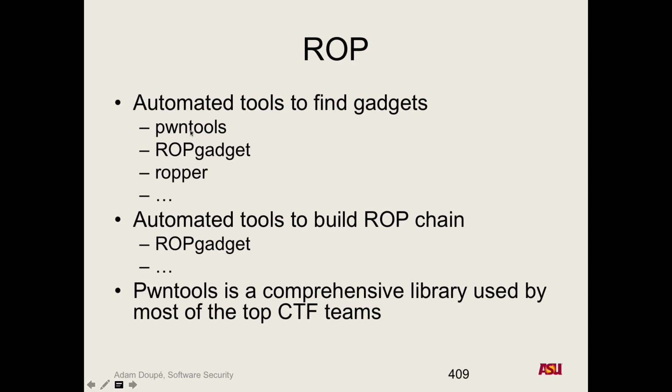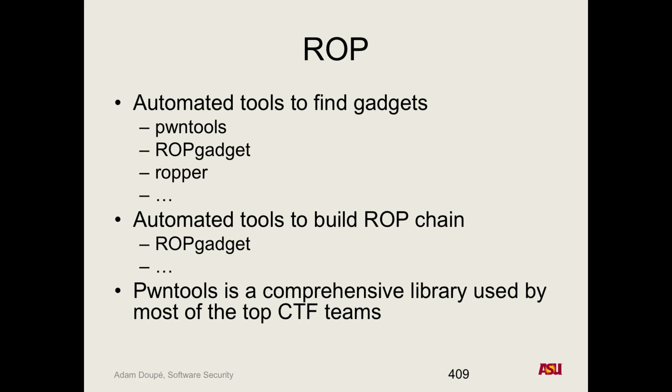So there's, I would say, Pwntools. If you want to look into a library to do this stuff competitively, Pwntools is a fantastic library that has all kinds of cool payload generation, ROP gadget finding tools, all kinds of super cool stuff. Almost all of the top CTF teams use Pwntools to write their exploits. ROPgadget is the tool that I use, which is really good for finding gadgets. It will show you all the gadgets in a program so you can look to see what's useful.